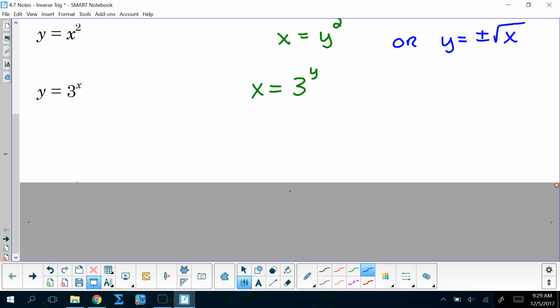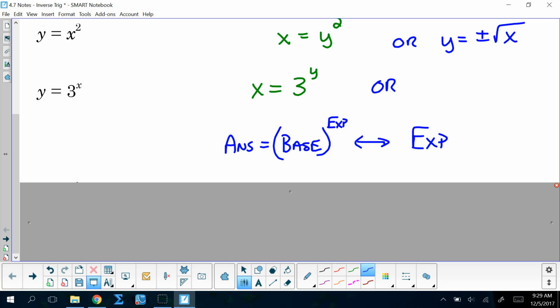Okay? So switching this into logarithmic form would solve it. Okay? Remember that we've got answer equals base to an exponent, switches over to my exponent because the logarithm is an exponent finder. So up here this would be y equals log of my base.